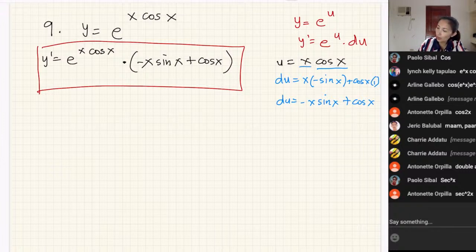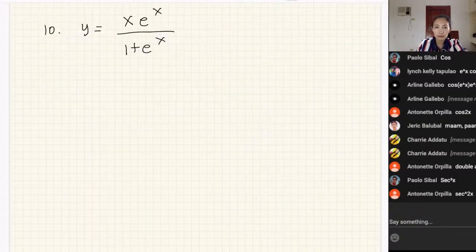Okay, and the last one, number 10. How about y is equal to x e raised to x all over 1 plus e raised to x. Take note of the given. It takes the form u over v. So it is a quotient.